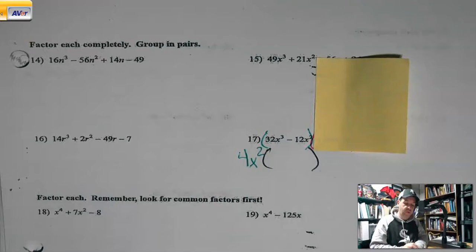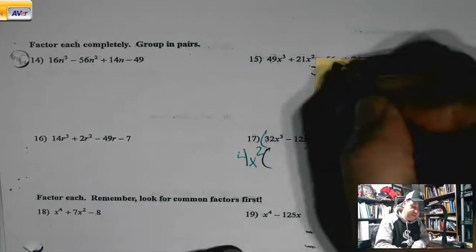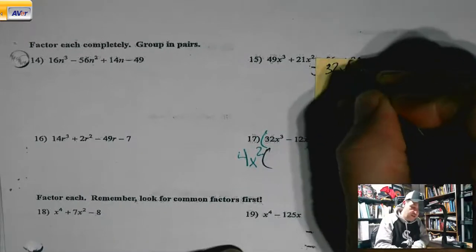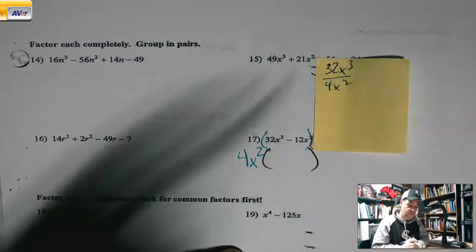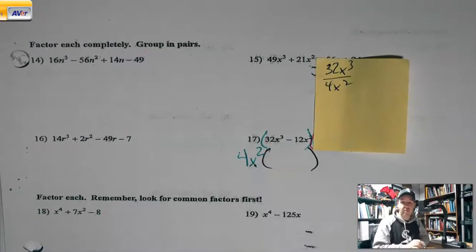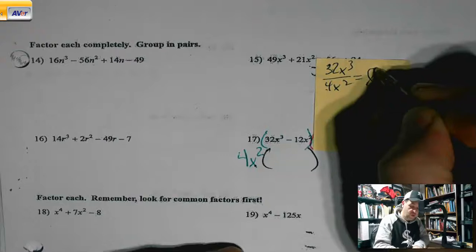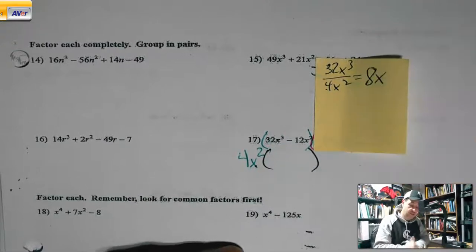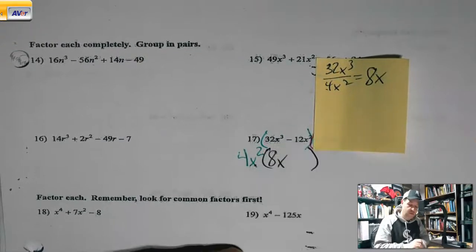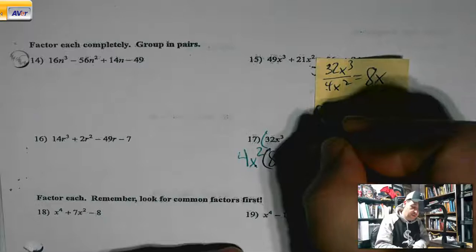Once we do that, and I'll do this on the first one, basically all you're doing is dividing this by what you took out. We divide the coefficients, we subtract the exponents. Let's do that again.